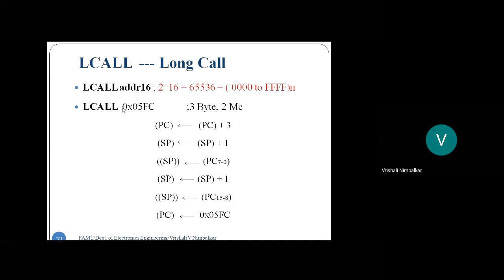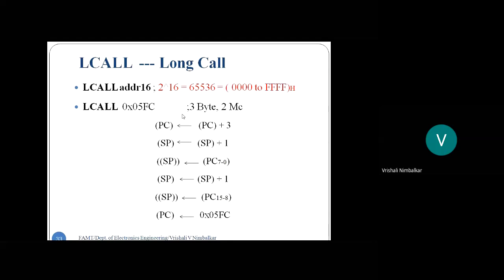So mention the 16-bit address. Now, how many bytes is the instruction? Since this is a 16-bit number, the instruction is 3 bytes. Correct. And since it is a program branching instruction, the time taken is 2 machine cycles. So LCALL is a 3-byte instruction and the time taken for execution is 2 machine cycles.